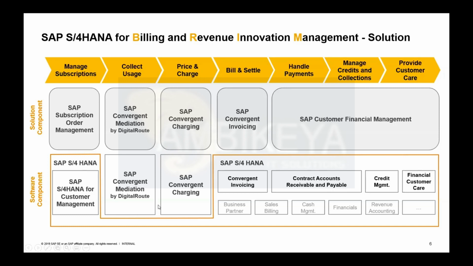This makes it easier because we have the same platform for the master data, like the business partner, the contract accounts, and also the products. That means we have reduced the whole solution by one component, by the CRM component. And this makes it for our customers much more attractive.